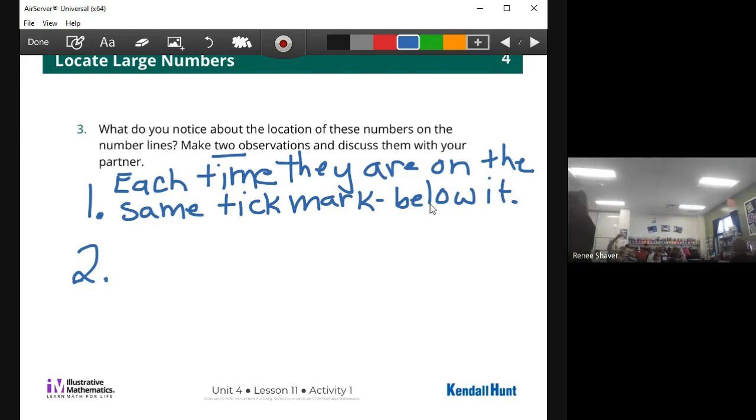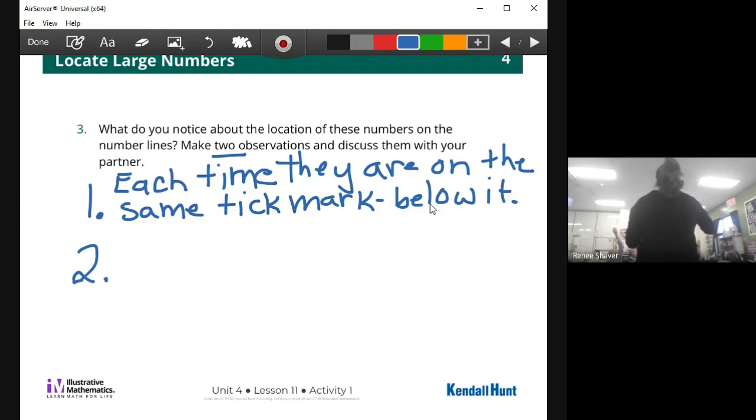They all have a 3, right? But what about the location? Kira, what do you think? Each time it goes up times 10, right? We gotta make sure we're not adding 10.